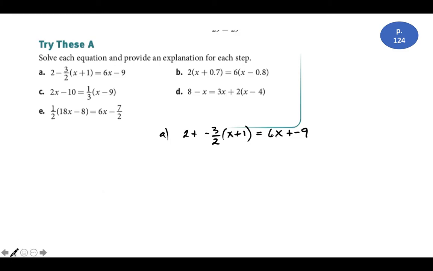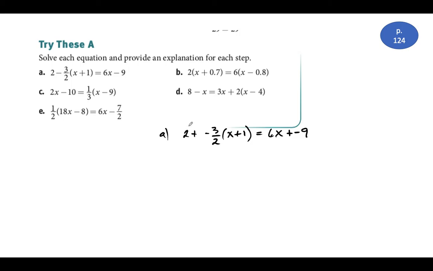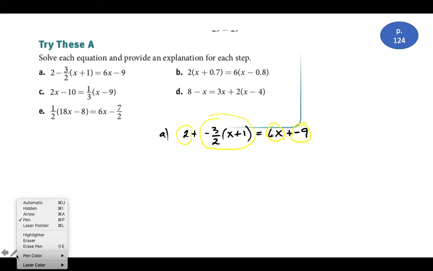I am going to want to circle my terms though, because I have to multiply every term by 2 to get rid of that 2 in the denominator. So I best know how many terms I have, right? So those are all the terms I need to multiply times 2. Does everybody see why I want to multiply times 2?